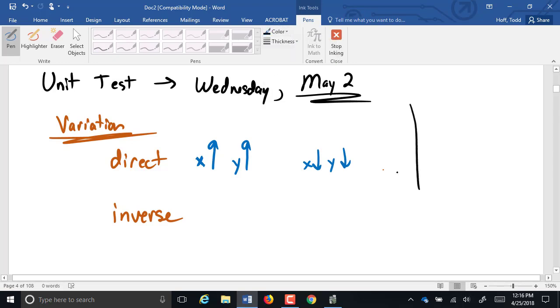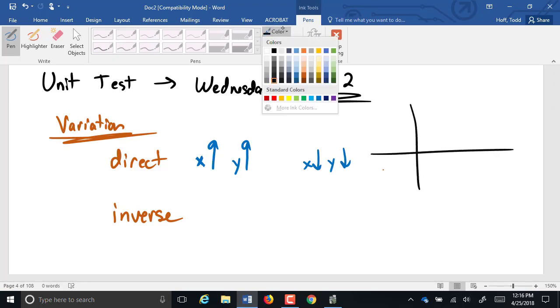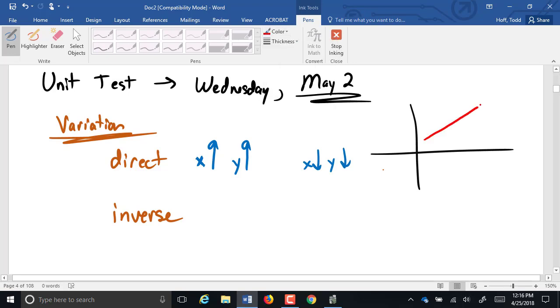Now, if you're thinking in terms of lines, that means it's a positive slope. You can see here if x gets larger, y gets larger. X gets smaller, y gets smaller. But it doesn't necessarily have to be a linear relationship.